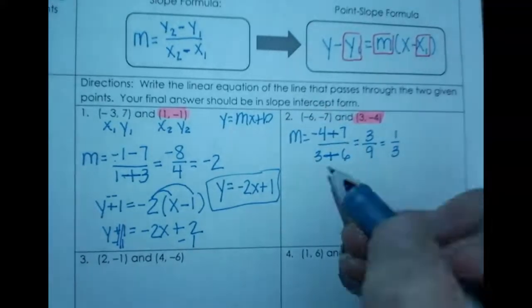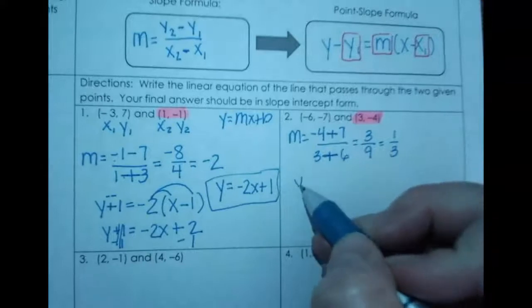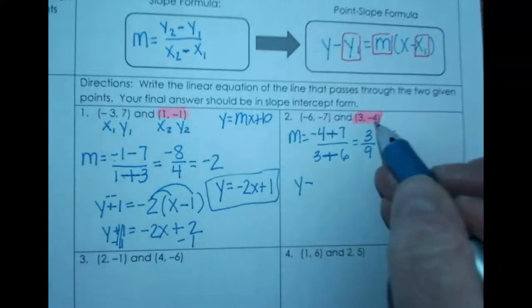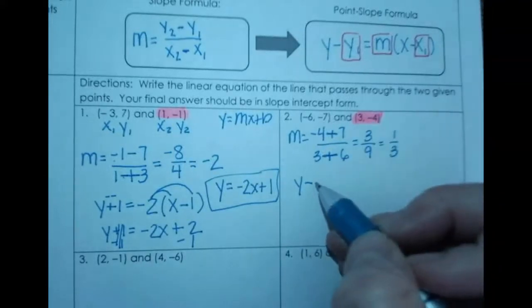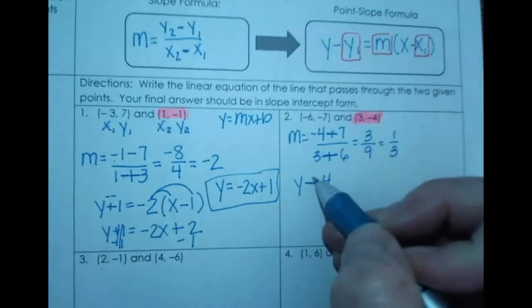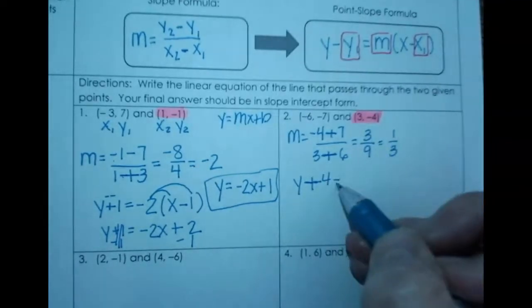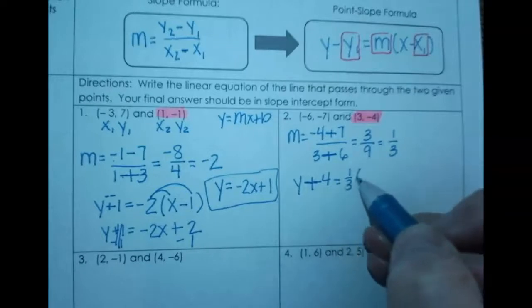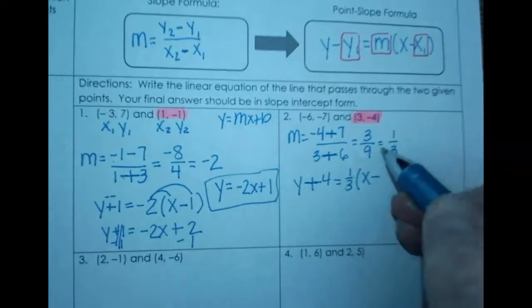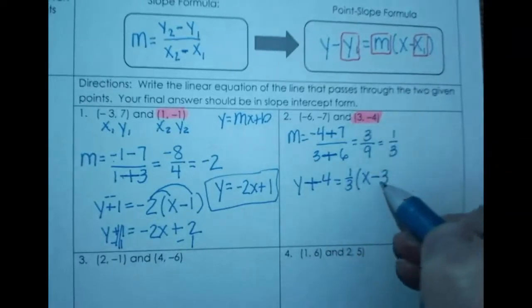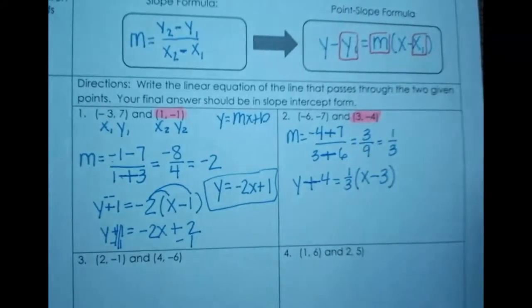Okay, now let's plug everything in. Following the formula, it's y minus, the y value there is negative, so it's going to be minus a -4, which makes that go positive, equals our slope times x minus, the x value there is a positive 3, so that will stay negative.